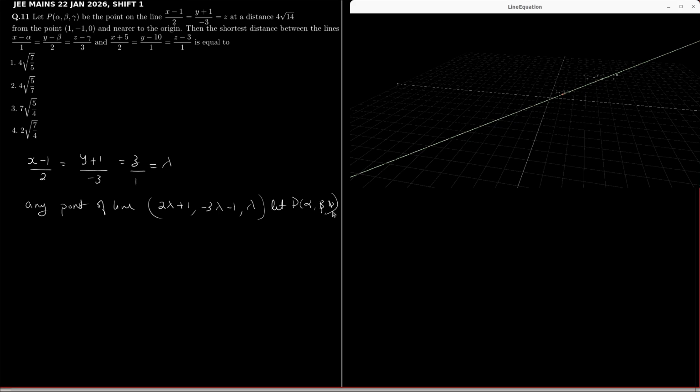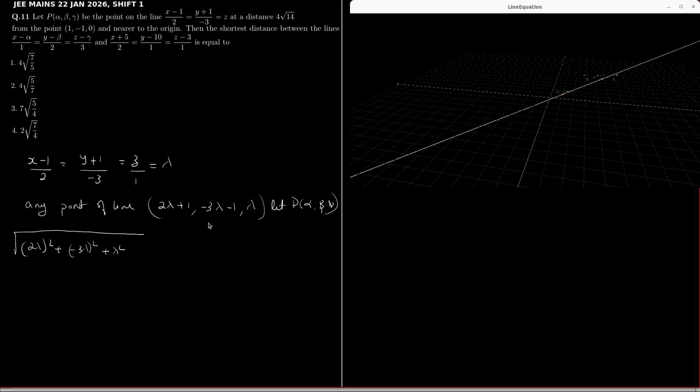Now we will apply the distance from the point (1, minus 1, 0). So applying the distance, it is the square root of (2 lambda plus 1 minus 1, that is 2 lambda) whole square, plus (minus 3 lambda minus 1 minus minus 1, that is minus 3 lambda) whole square, plus (lambda minus 0, that is lambda) square.